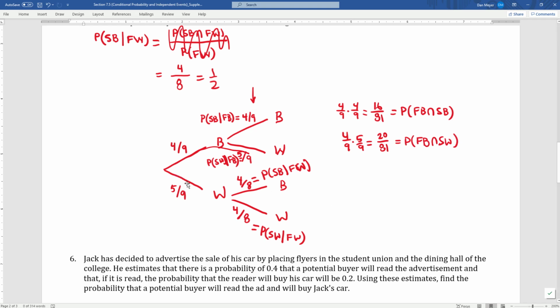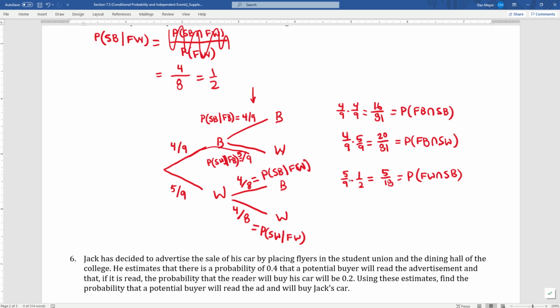Down this third branch here, if I multiply the probabilities, 5/9 times 4/8, or actually, I'm just going to call that 1/2, that'd be 5 over 18. That's the probability that the first is white and the second is blue.